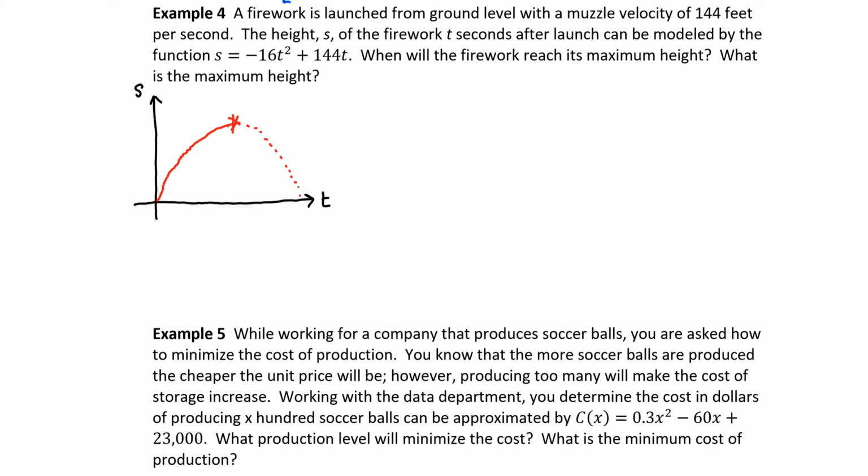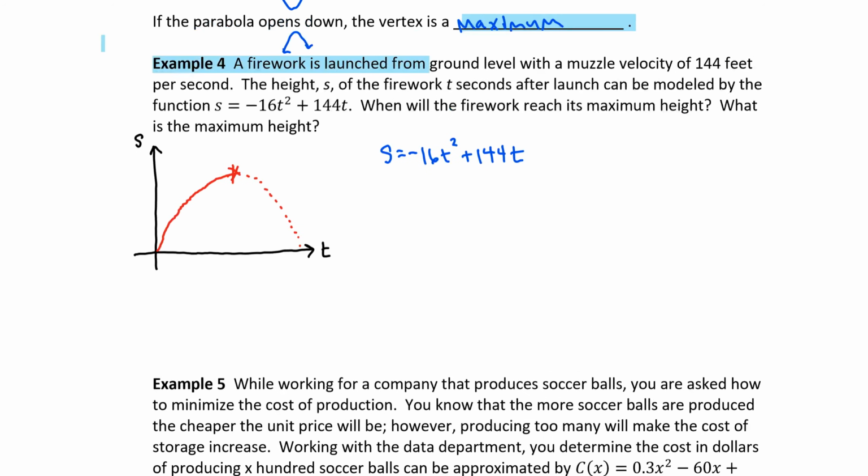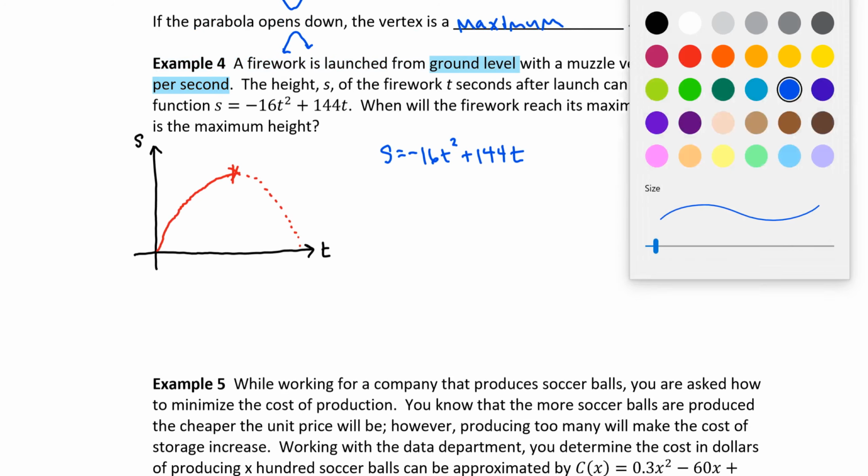This particular path is modeled by s equals negative 16t squared plus 144t. Notice the y-intercept of this function is 0 because we are launching from ground level. Notice it says the muzzle velocity is 144 feet per second, and really that's all that I need to know to write this model.